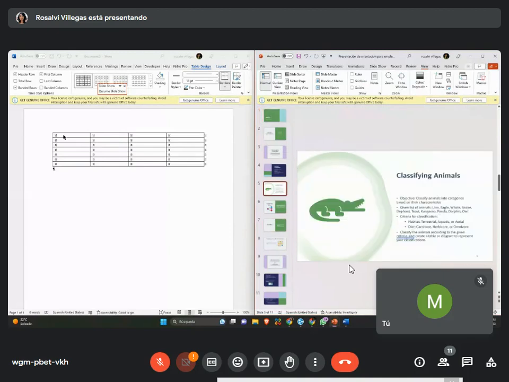So here we can try to classify the animals using this tool that is a table. We can also use a diagram, but I think a table is easier on the computer.